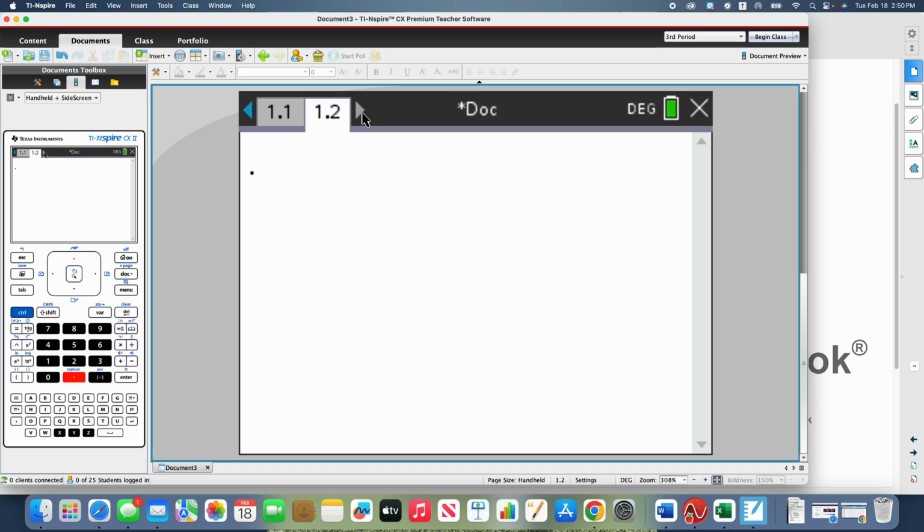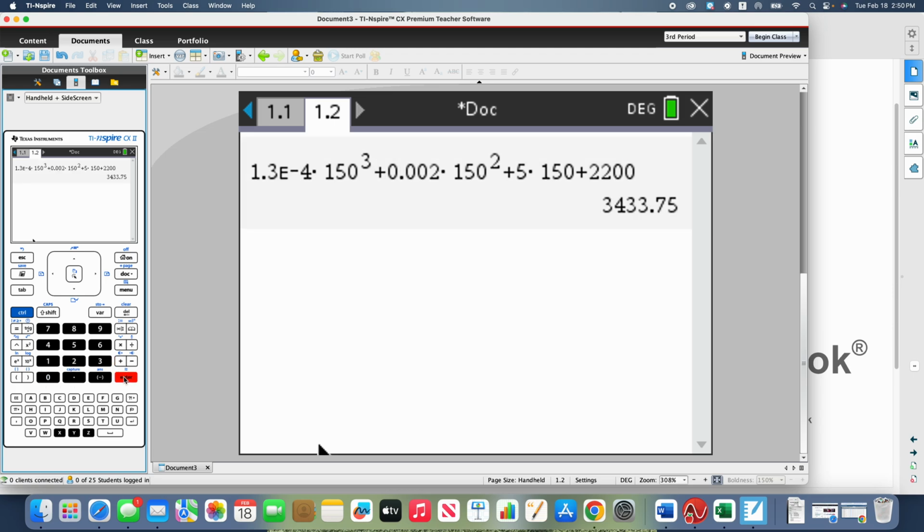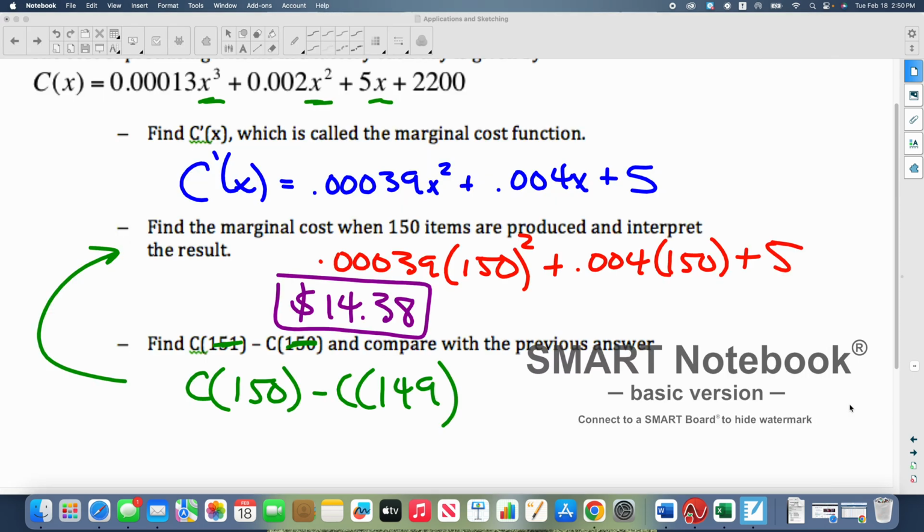And I'm going to go 0.00013 parenthesis 150, I'm going to cube it, plus 0.002 parenthesis 150 squared, plus 5 times 150, plus 2200. All right. So if I were to do that, if I produced 150 items, it would have cost me $3,433.75.